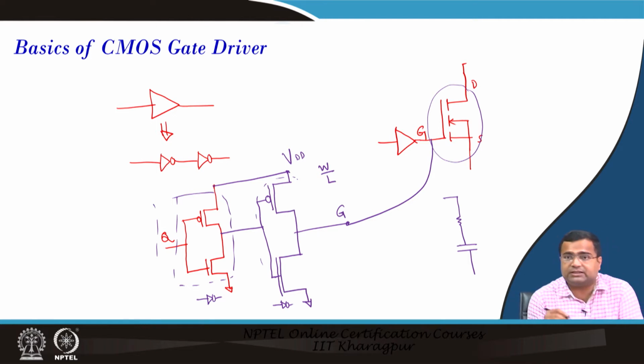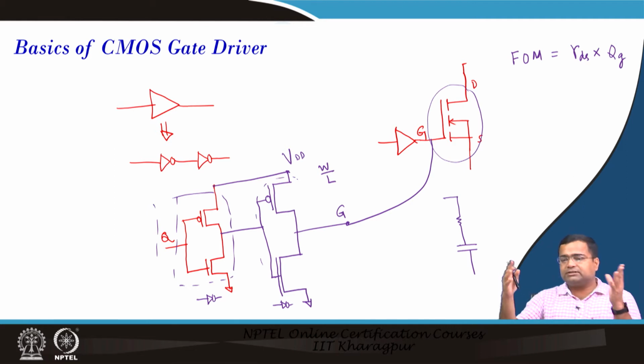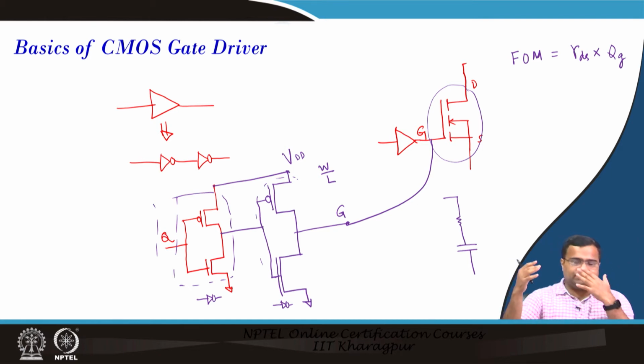Suppose you consider the figure of merit of the MOSFET, which is the product of RDS(on) and QG, the gate charge. If RDS(on) is small, typically QG is large. That means if you reduce the conduction loss, your switching loss increases because QG is large, which means the gate capacitance is large.